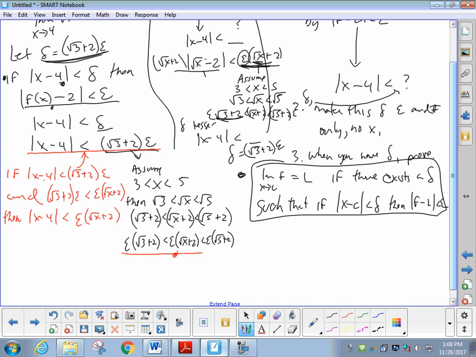All right then. Now I'm trying to finish the proof by showing that this is supposed to eventually be the outcome. So how do I get from where I'm at now to f minus 2 over here? Look back here. You could either factor this or divide this over, but either way it's fine. Do you agree that x minus 4 is root x plus 2 times root x minus 2?